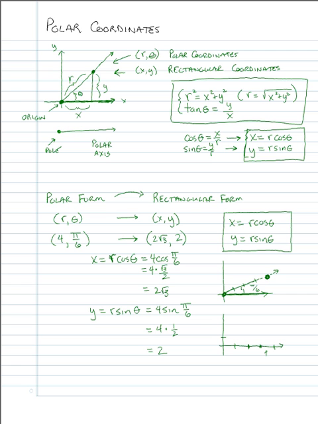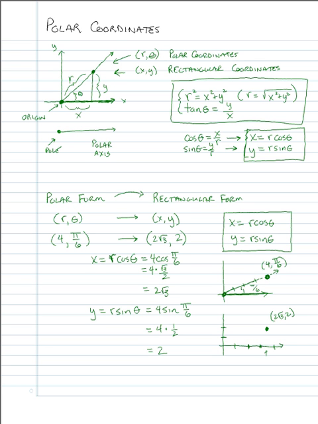Well, let's see, there would be 1, there would be 2, okay, so up 2 units, and there would be that point right there, which in rectangular coordinates is 2 times the square root of 3, comma 2. Over here, remember, in polar coordinates, this was 4 comma pi over 6. So we get to the same location, we just do it in a different way.